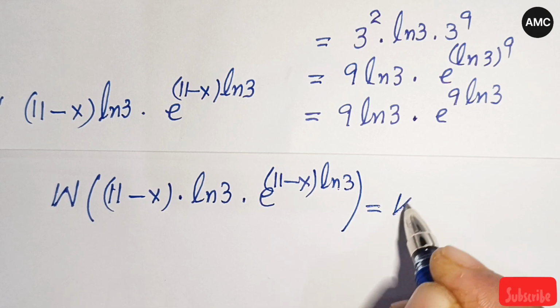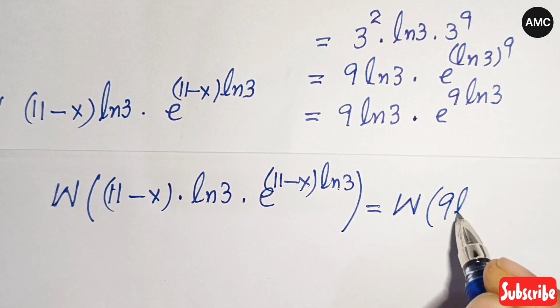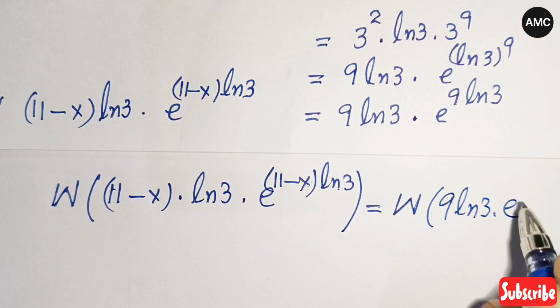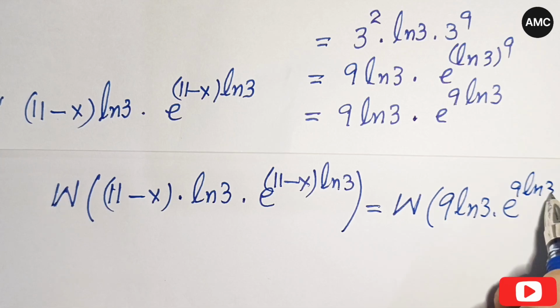Now applying the Lambert W function on both hand sides. So the Lambert W function of the left hand side, and similarly of the right hand side: Lambert W of 11 minus x times natural log of 3 times e to the power 11 minus x times natural log of 3 is equal to Lambert W of 9 natural log of 3 times e to the power 9 natural log of 3.